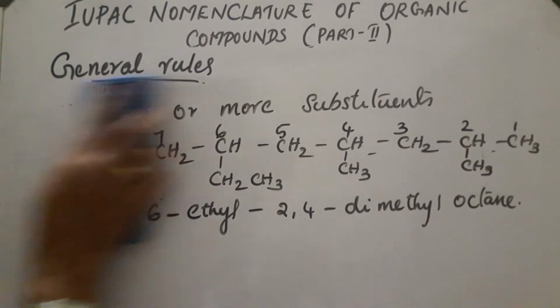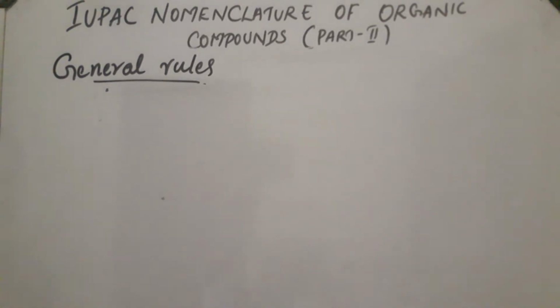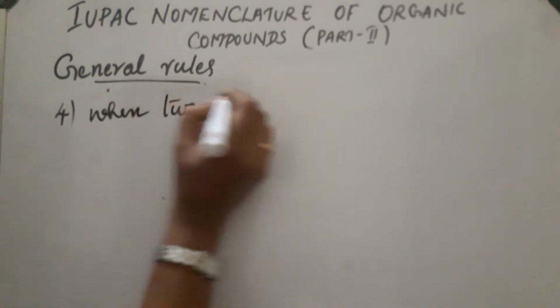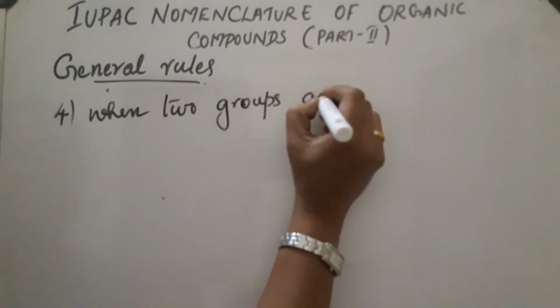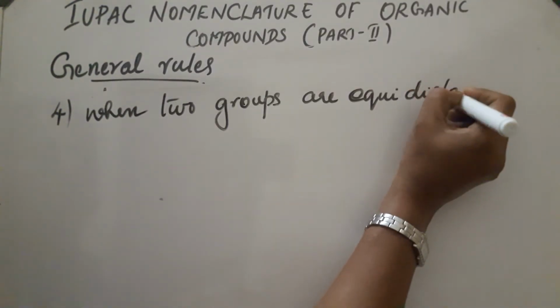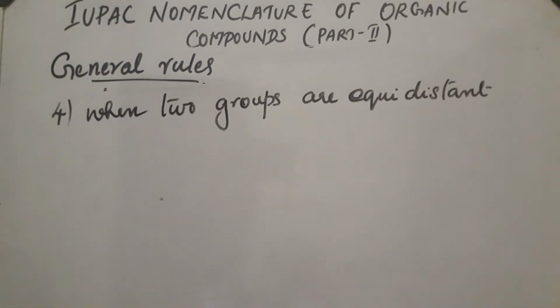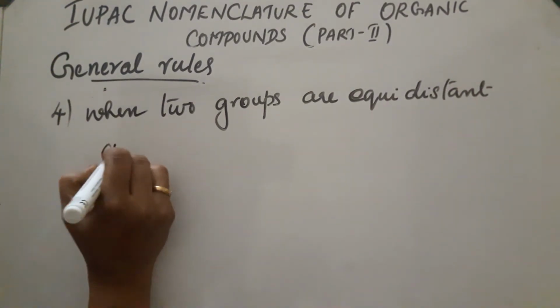Next, the fourth rule is when two groups, or two substituents, are equidistant from the terminals. In such a case, how can we name? In such cases also, we have to follow the alphabetical order.